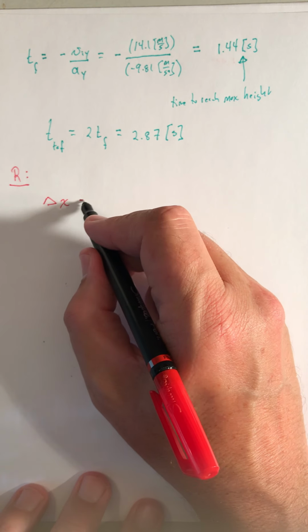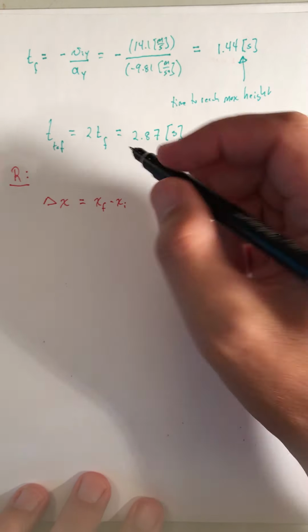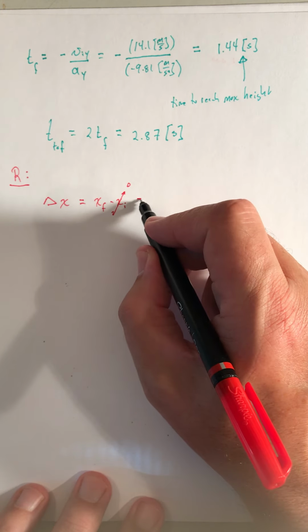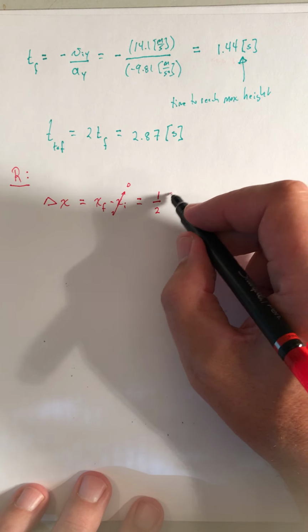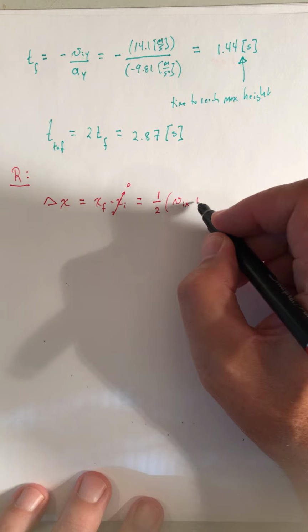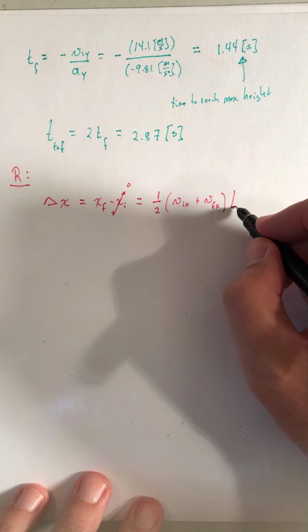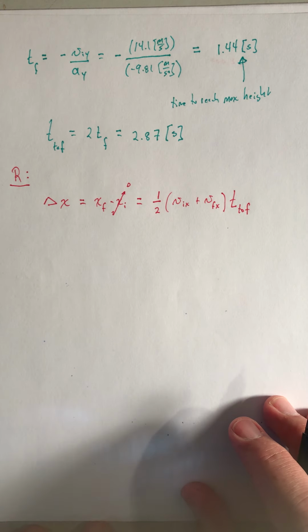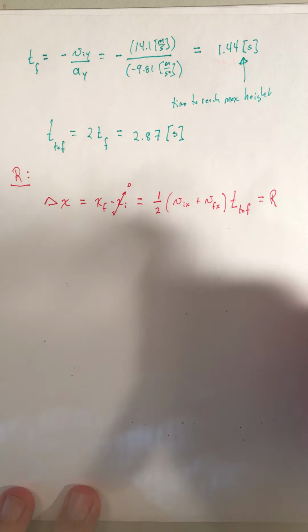Displacement along x, which is x final minus x initial, we took that to be 0, is the average velocity, v initial x plus v final x, times the total time the football was in the air, the time of flight. And this is what we mean by the range.